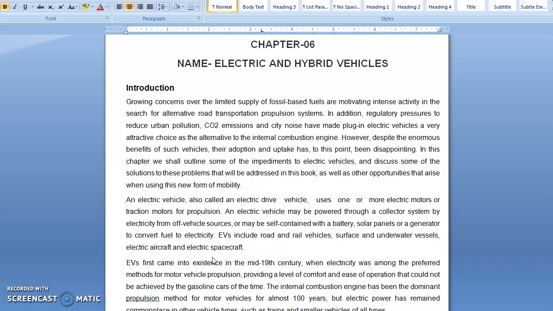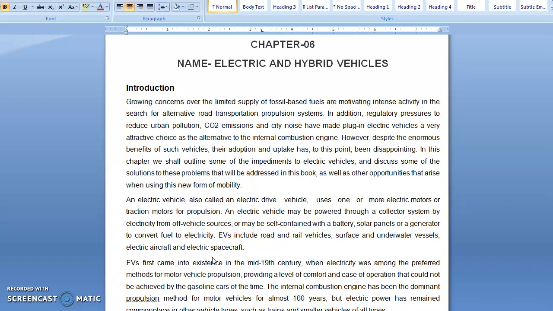Basically, in a conventional vehicle, we are using petrol, diesel and gas as a source of intake, and whatever torque output is there, we use that torque to move the vehicle. Here two things are problematic.